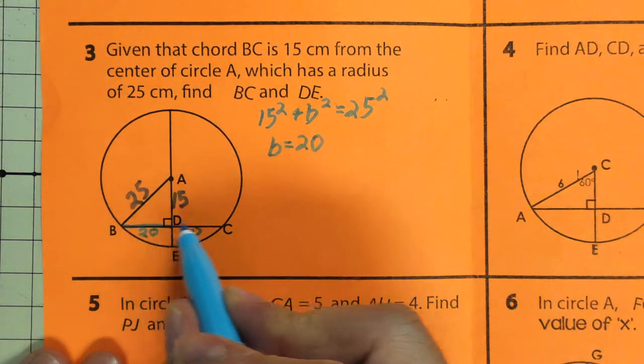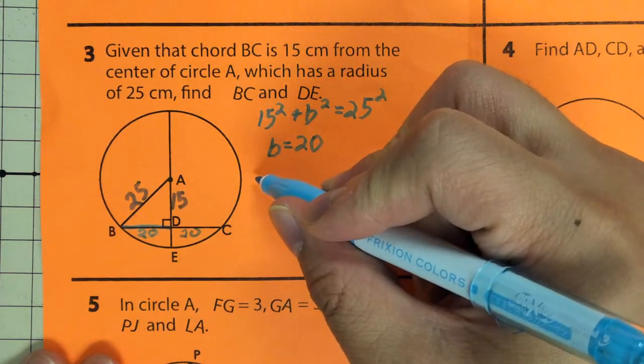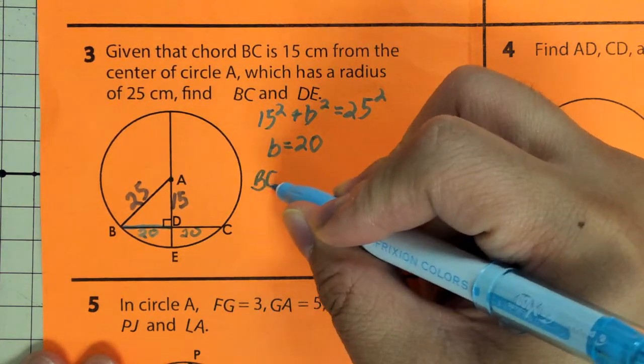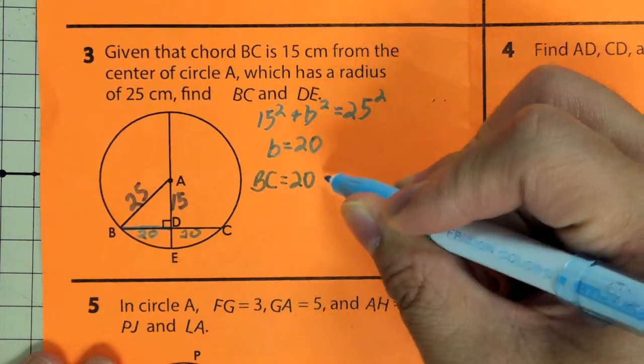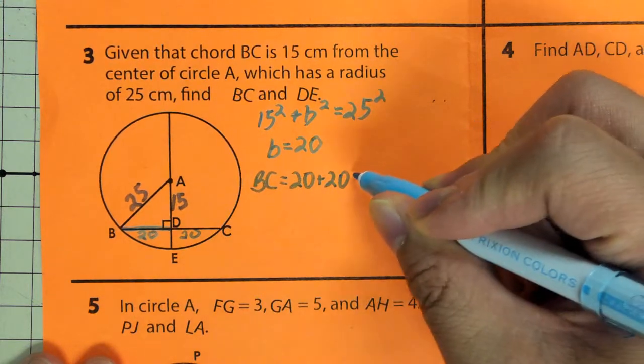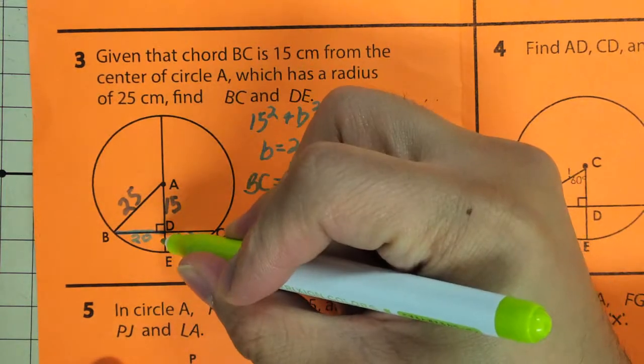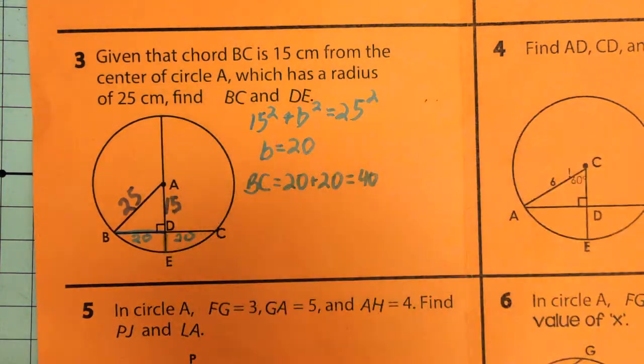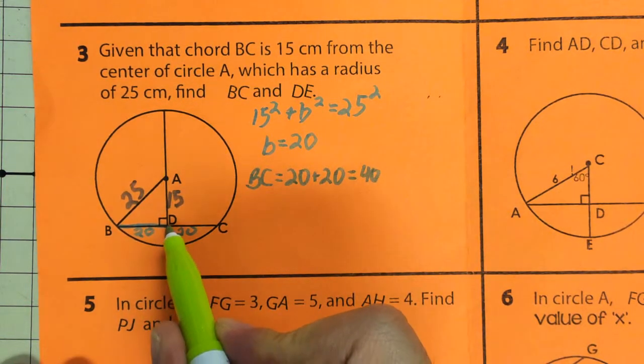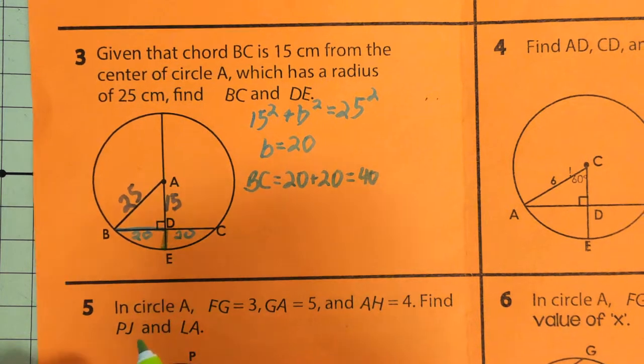So to find BC, my entire chord, we add the two parts, 20 plus 20 equals 40. So that lets me find BC. Let's go ahead and solve for the next portion, DE. So DE is just this bottom part right here. It's hard to see. This bottom part right here.